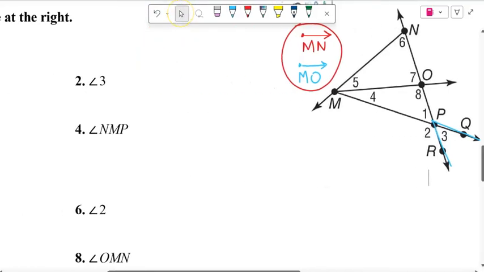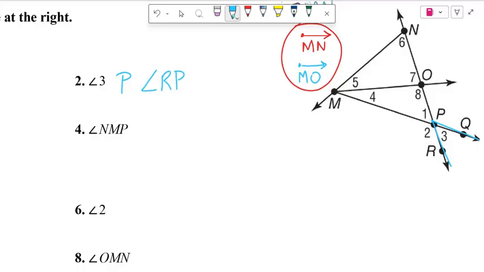And I'm going to make y'all do some extra here. So this is P, right? And y'all just tell me, what are two other ways we could name this angle 3 here? RPQ or QPR. And what letter's in the middle? The vertex. Okay, y'all getting where I'm coming from here?